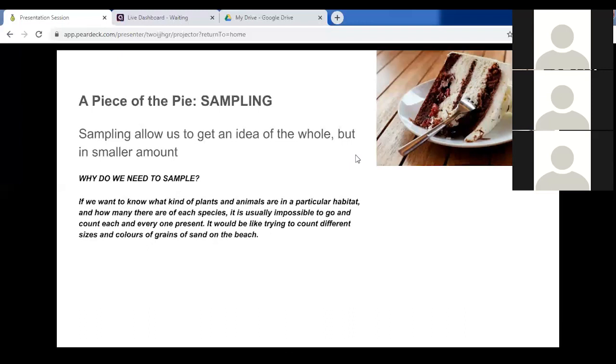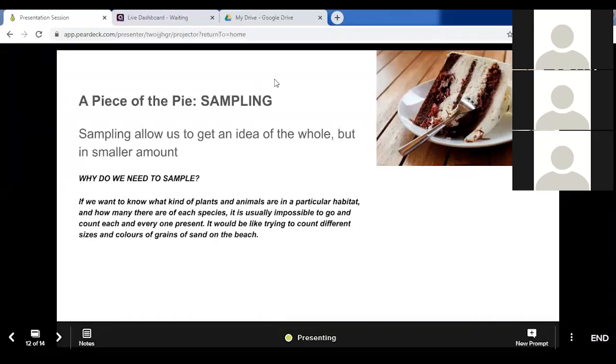This is how ecologists study environments and the animals found there, by using the method of sampling. Like in the gazelle study, when they made a fence there and separated the gazelle from the camels. Okay, any question till here?